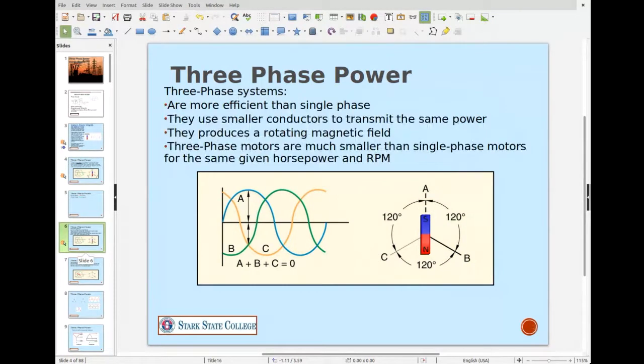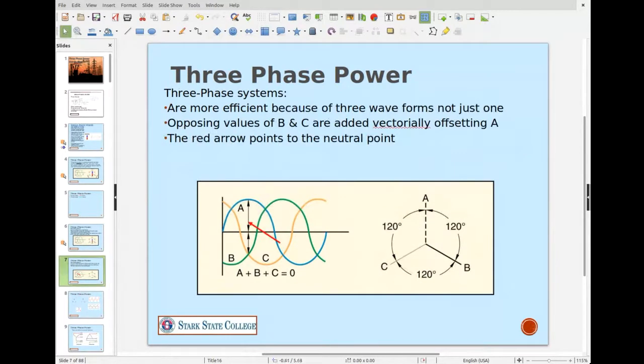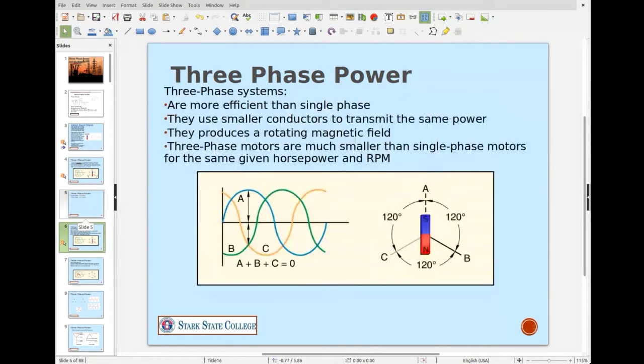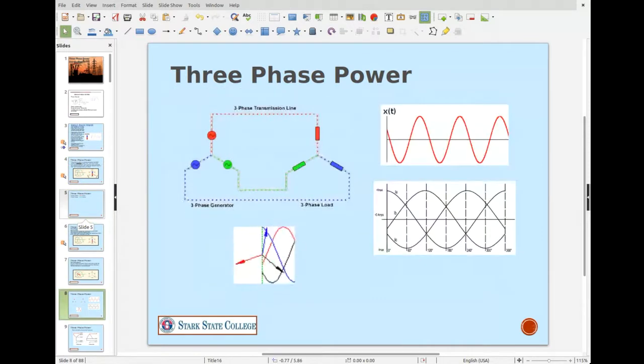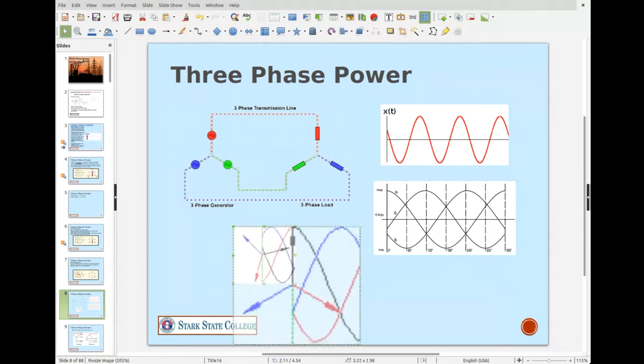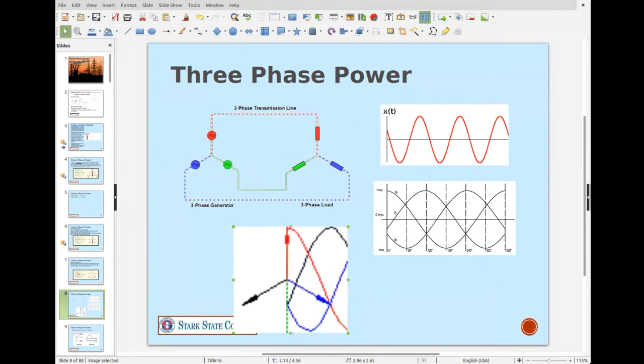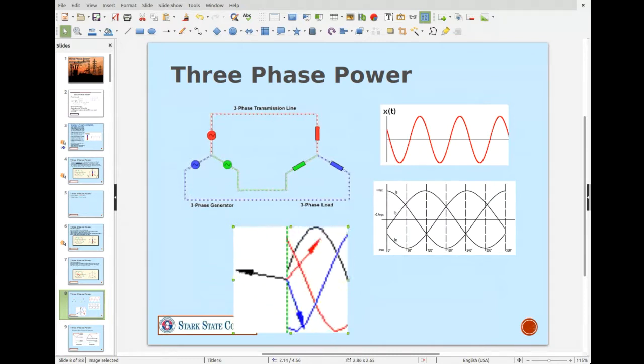Given that, here's another little animation. Where was it? There it is. This is a really nice animation, I think. It's showing you the three-phase. This one is trying to show you the three different phases as they rotate around.